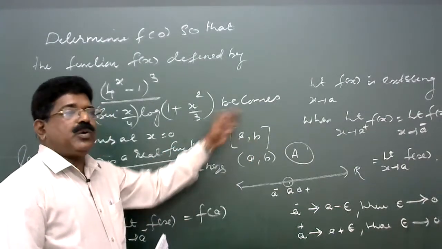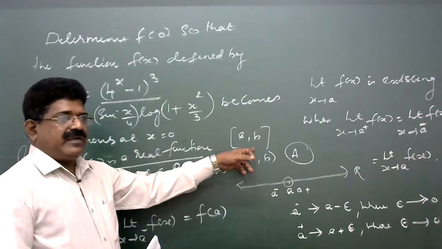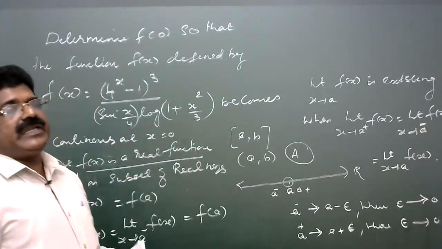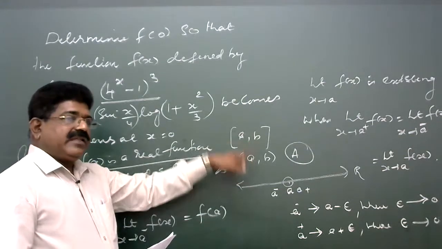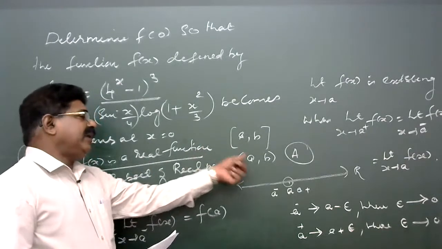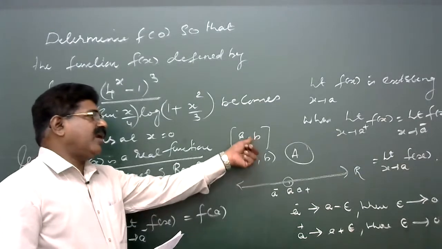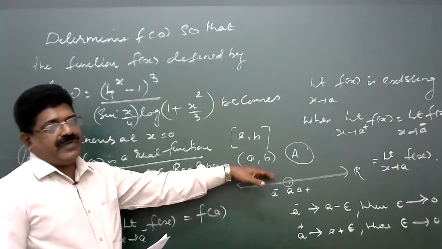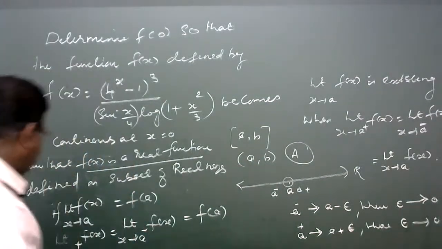You know that domain, codomain, range, everything you studied in the 11th standard. Clear? So when a function is continuous in a closed interval or open interval, the function should satisfy the condition for each and every point of the domain, the closed interval, the open interval, otherwise where the function is defined. Clear? So you have to keep this point in your mind.